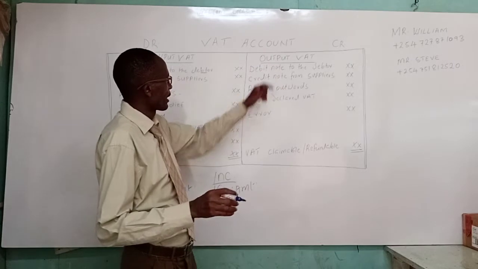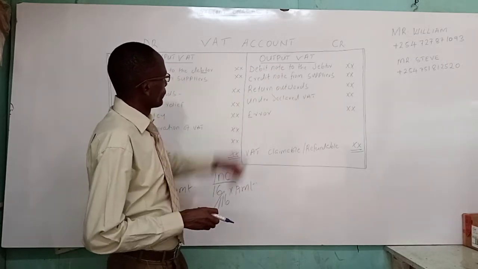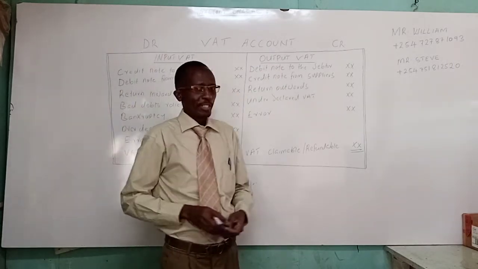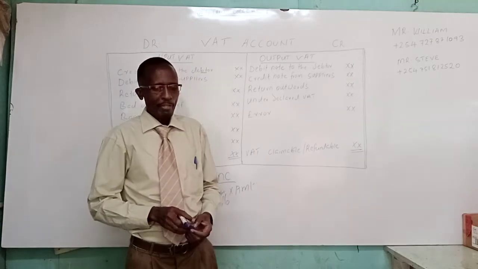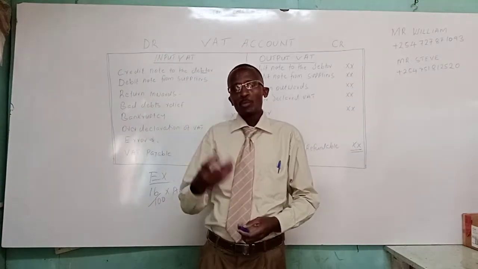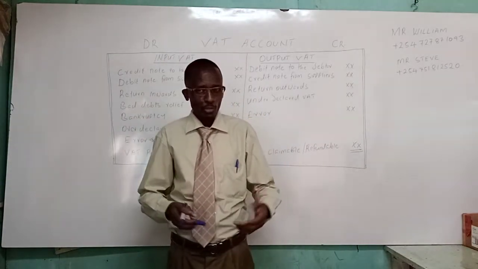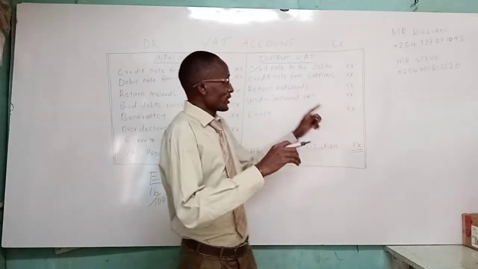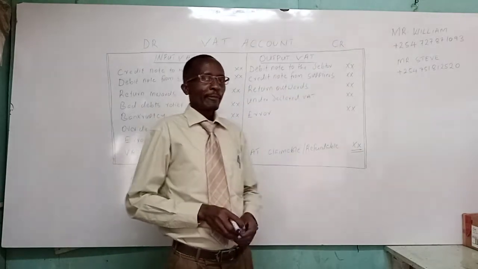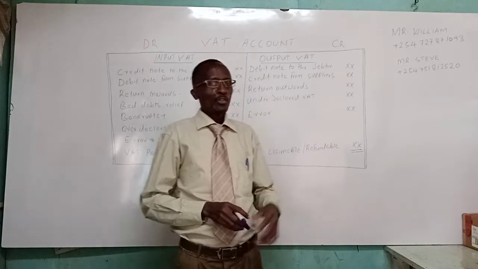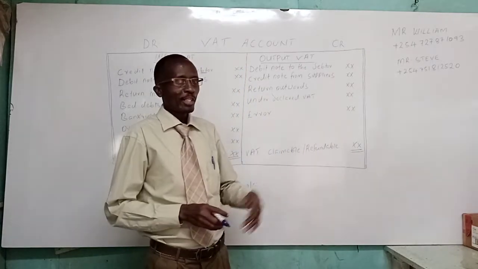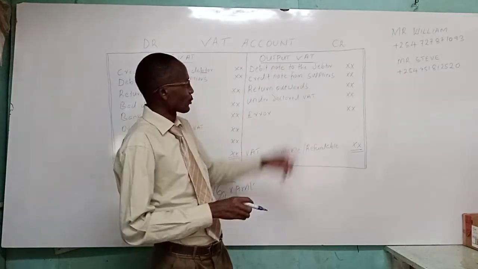Now, with the output VAT, as we have said at the start of the lesson, output VAT is for sales. Now, the first item that you have on the credit side, and we are not saying it is the first item to mean that it's always the first. You can start with any of these.